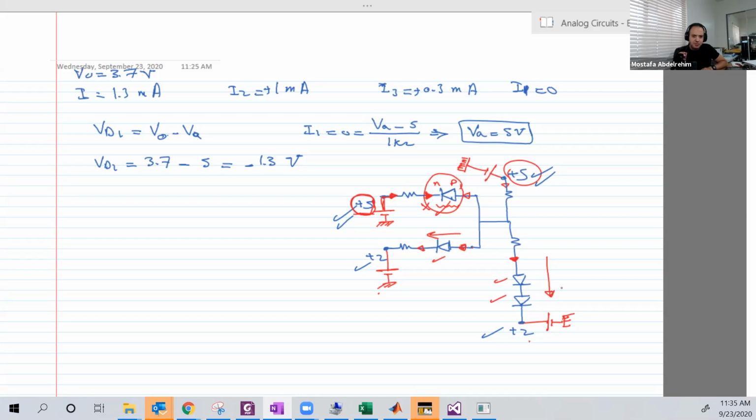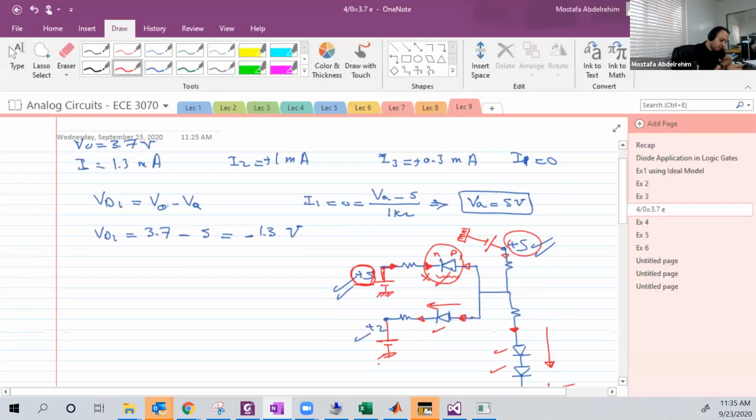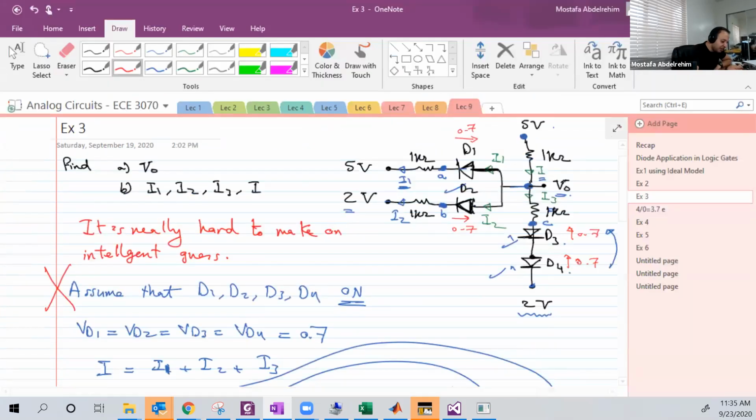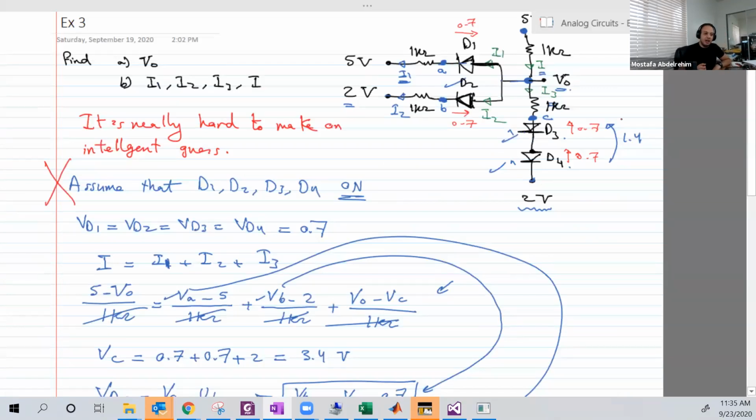Okay, just a very small question here. If you're going to just go blindly and assume on and off for each diode here, what is the maximum number of assumptions that you can have? In the worst case, how many times do you have to solve the problem? Yes, 16, that's right. So basically you have each diode, D1, D2, D3, and D4.